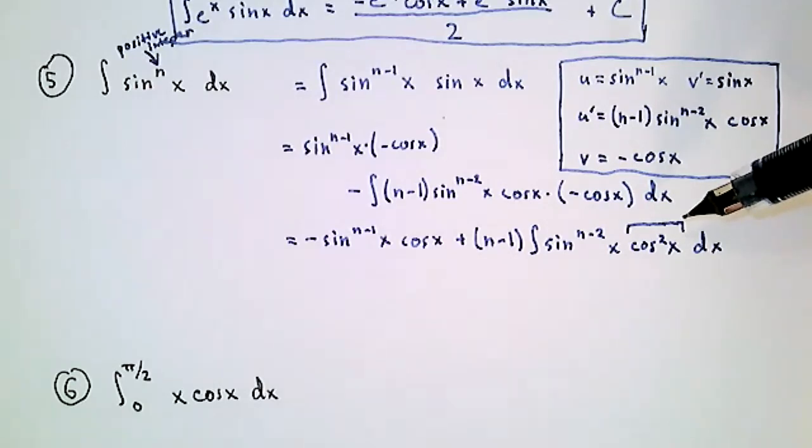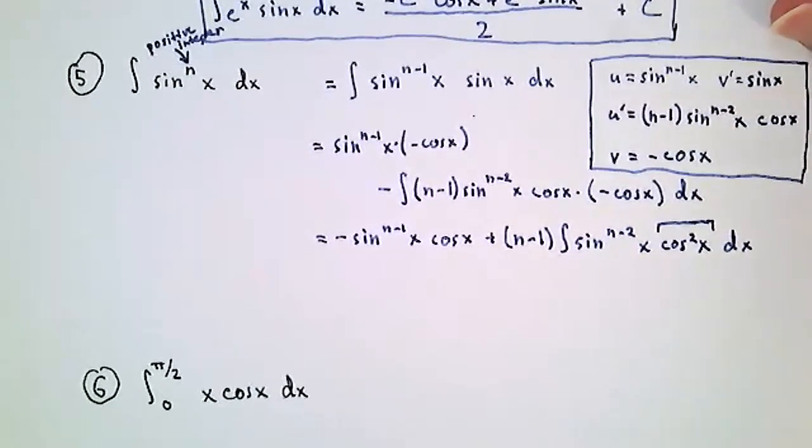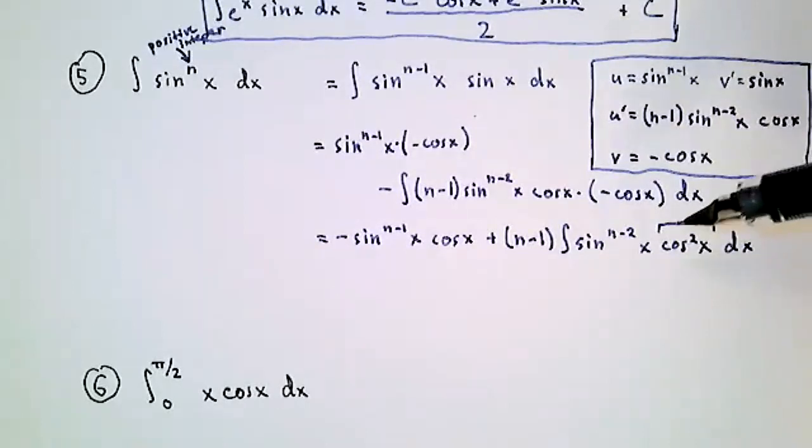Do we know any formulas involving cosine squared? Any famous formulas named after a Greek person, perhaps? Pythagorean theorem. Right, yeah, the Pythagorean theorem.